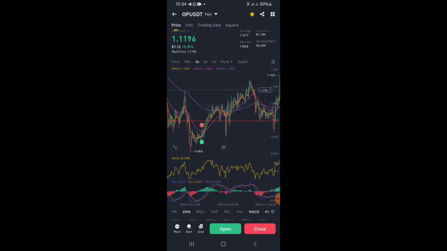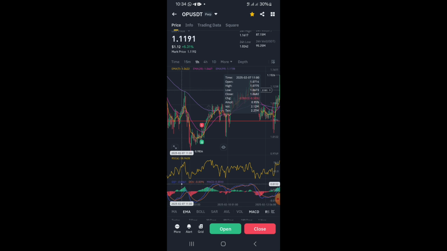So in this, you see, we have two lines here. The first line we call the MACD. The second line we call the signal line. How will you understand the MACD? You see DIF here, they wrote DIF here.